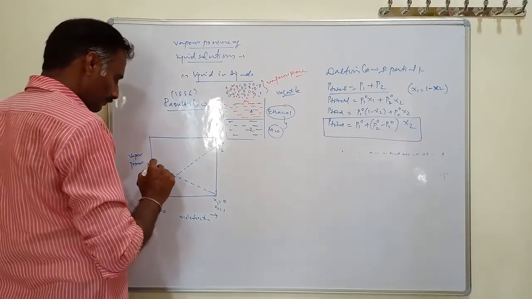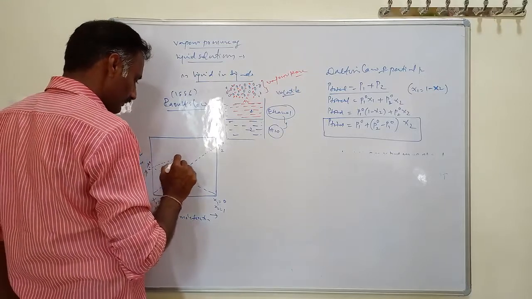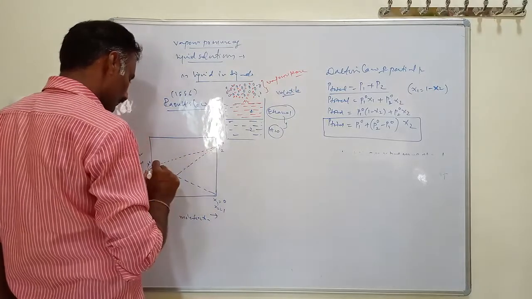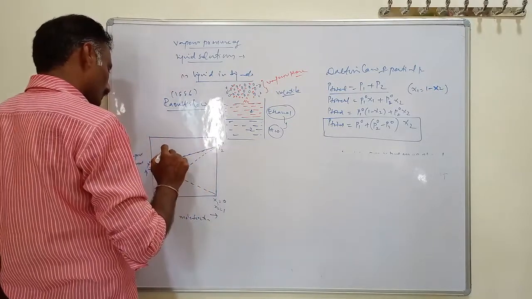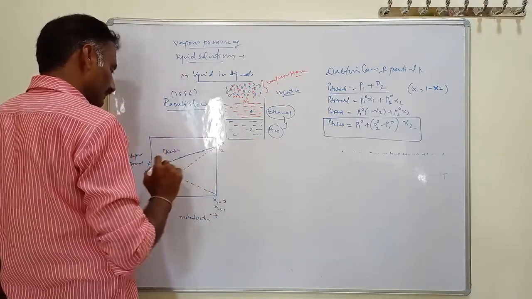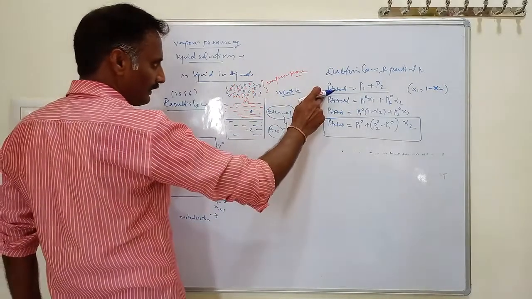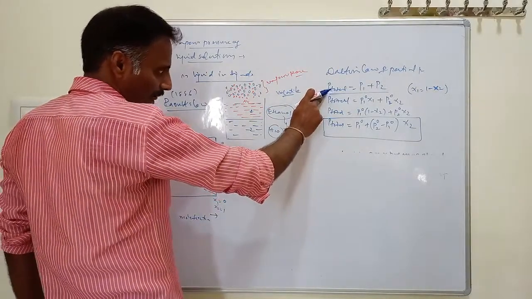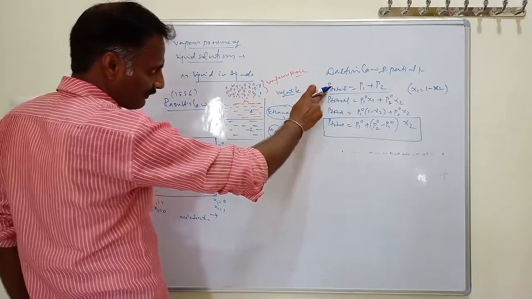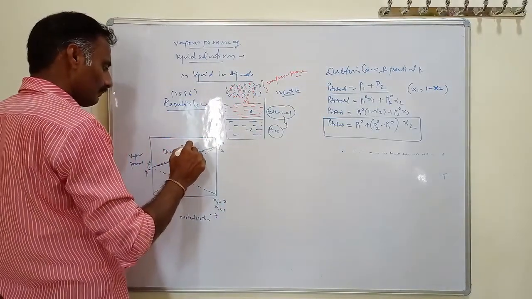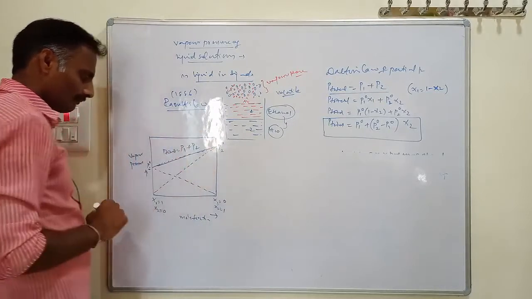By connecting these, you will get this line, which indicates P total. What is P total here? That is the total pressure of the solution in the vapor phase, which is equal to P1 plus P2.